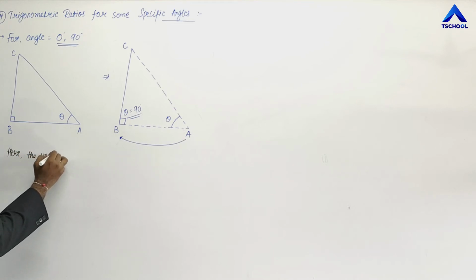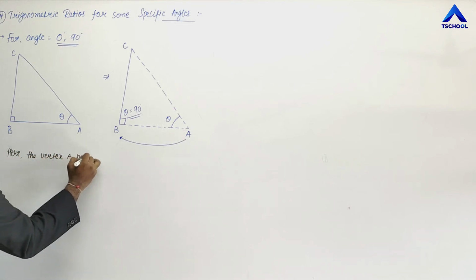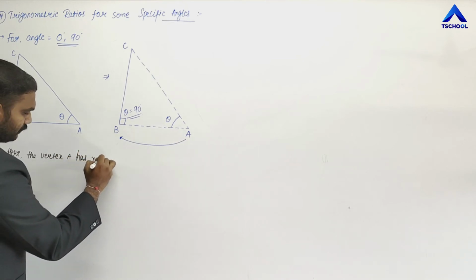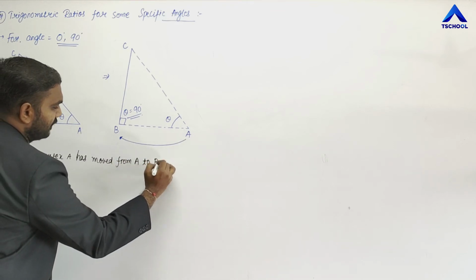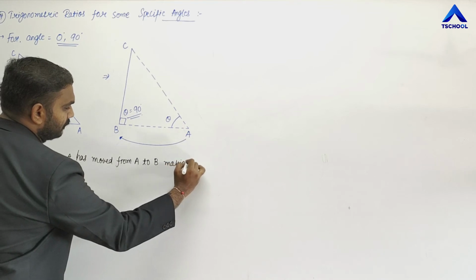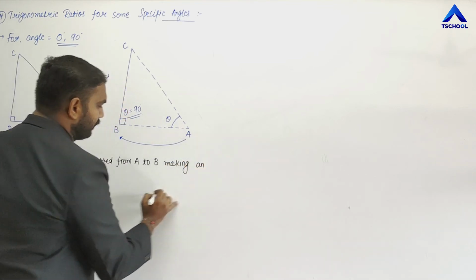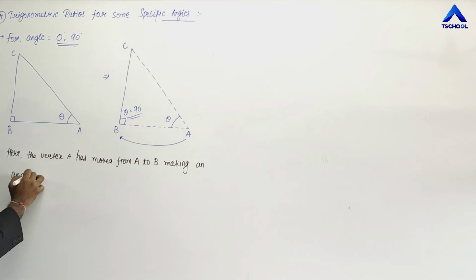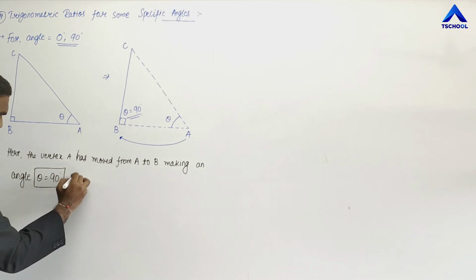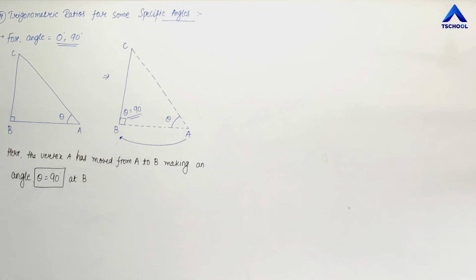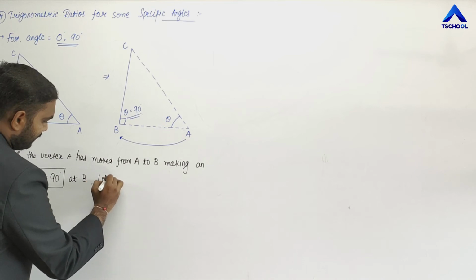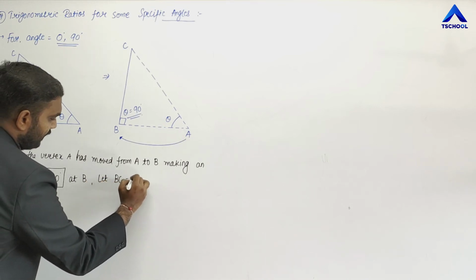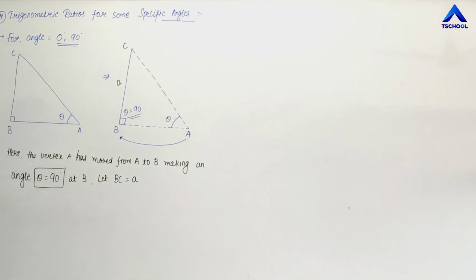Here, the vertex has moved from A to B, making an angle theta equals to 90 degree at B. Theta equals to 90 degree at B, and let BC equals to A. So we will let this equal to A, right?